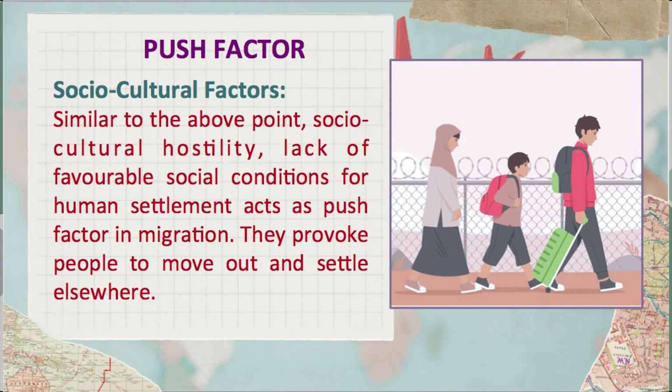So, religious antagonisms, conflicts, etc. also push people out of particular regions. Then coming to socio-cultural factors like hostility, lack of favorable social conditions for human settlement, etc. also act as push factors in migration. They also provoke people to move out and settle elsewhere.